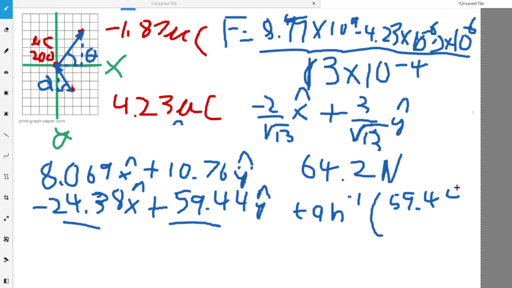And its direction is the arctangent. Now you have to be careful with the arctangent if you remember your trig. If you're putting it in the calculator at least, I like to just make the angles always positive and then think about where they are.